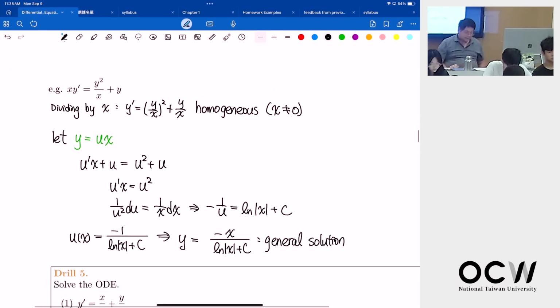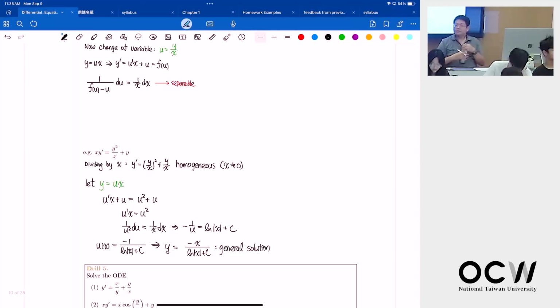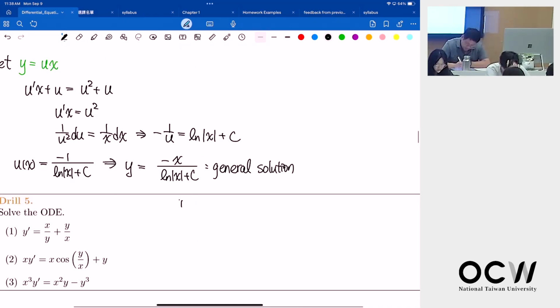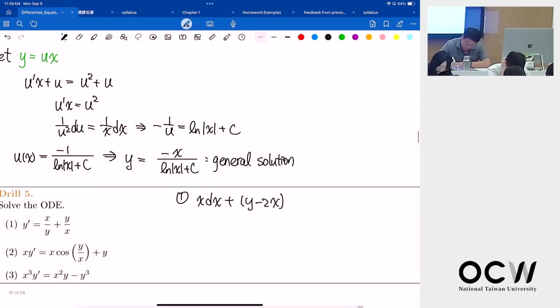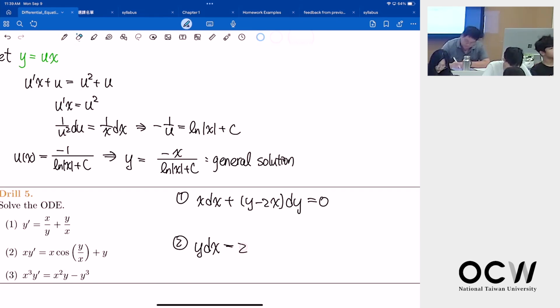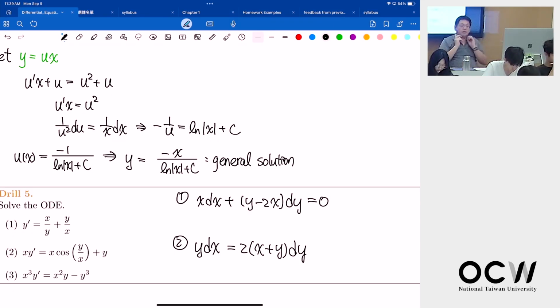Okay, quite easy if it is a homogeneous differential equation. So let's practice. I have x dx plus y minus 2x dy equals 0. Find a solution. And also y dx equals 2 times x plus y dy. You can check if it is homogeneous.